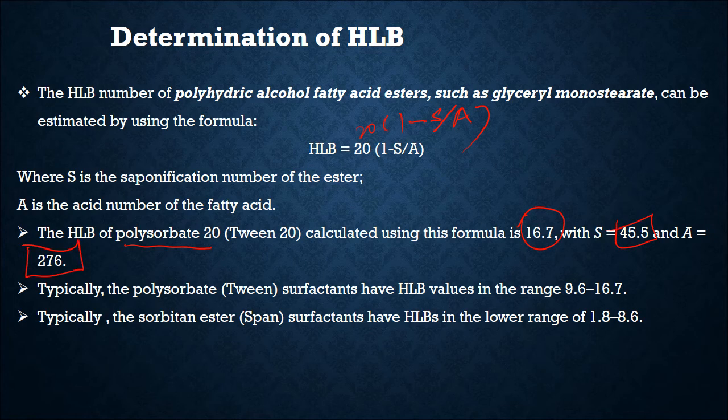And typically the Tween surfactants have a value in the range of 9.6 to 16.7. So even for Tween, you can use this formula to calculate. Okay, and typically the Span have the value of lower range, which is 1.8 to 8.6.